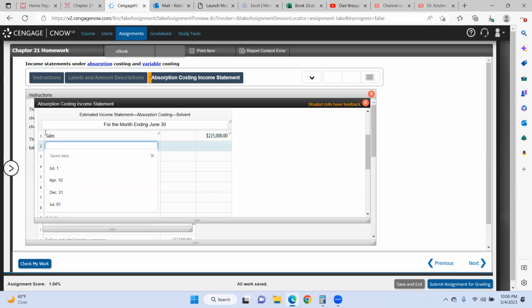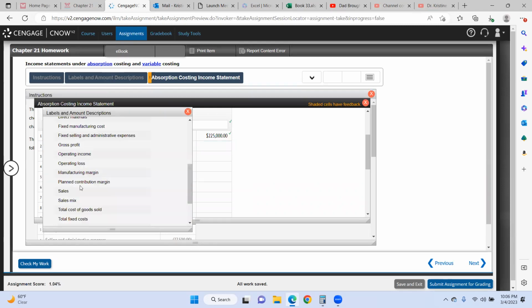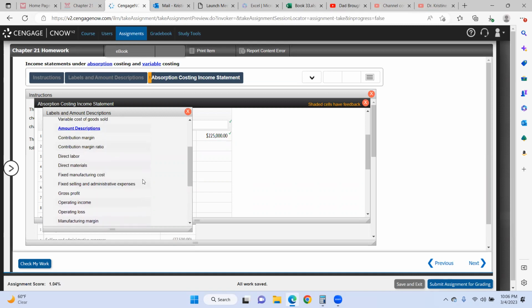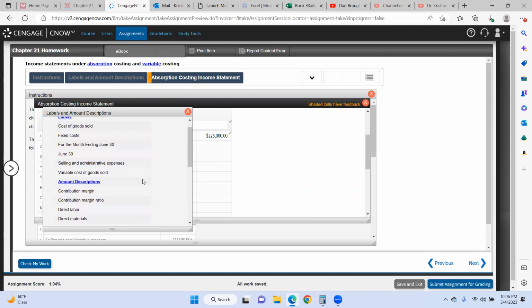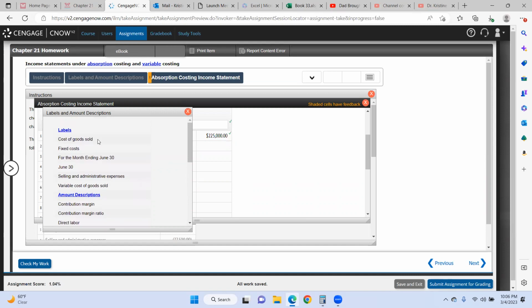Now we're going to be looking at our cost. And so we're looking at a label. So this should be our cost of goods sold. But we can also call it total manufacturing cost. What are they going to call it? It's not a contribution margin. I'm just going to put cost of goods sold, see if that's what they want.